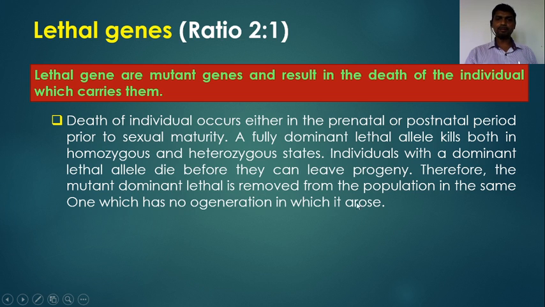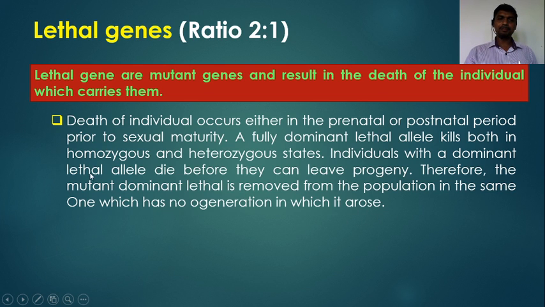A fully dominant lethal allele kills both in homozygous and heterozygous states. Individuals with a dominant lethal allele die before they can leave progeny. Therefore, the mutant dominant lethal is removed from the population in the same generation in which it arises.